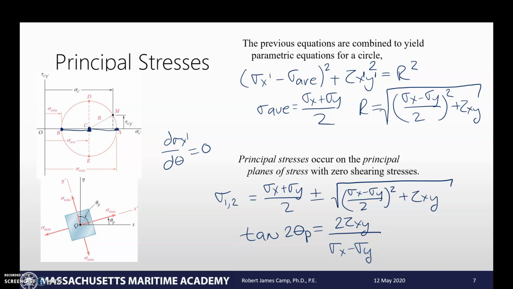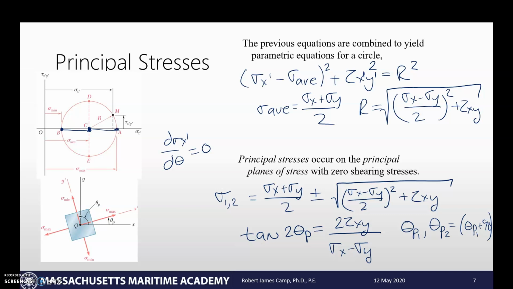Now, remember, we've got two solutions for theta p because they are 90 degrees apart. And so you're going to have theta principal 1, and then you'll have theta principal 2, which is just going to be theta principal 1 plus 90 degrees. And so that is where our maximum stresses are.